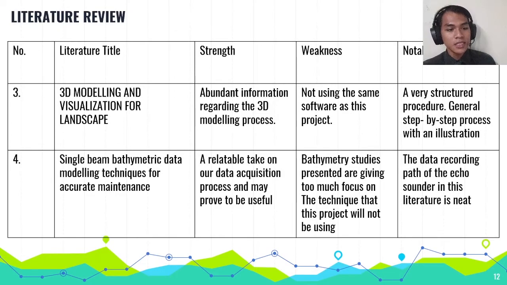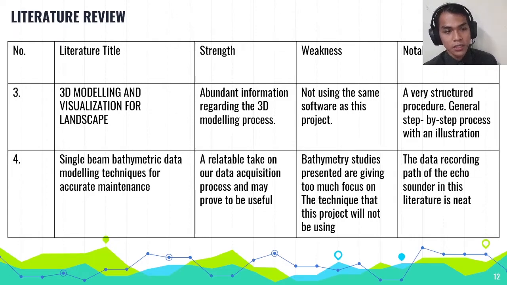Literature number 3 is 3D Modeling and Visualization for Landscape, from Dr. Davis Dinkov from Bulgarian Academy of Science and Professor Romina Batseva from National Institute of Geophysics, Geodesy and Geography in 2016.